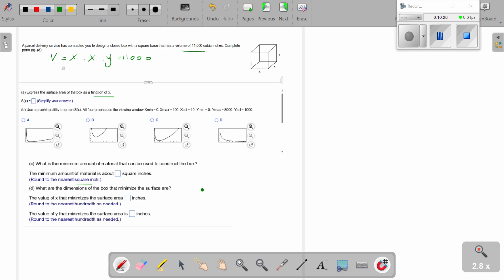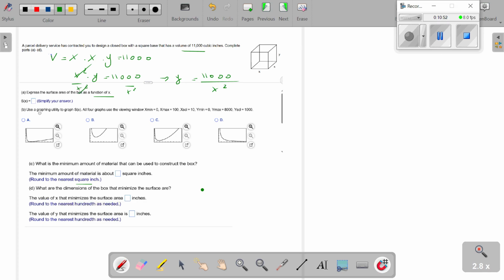So the first thing that I'm going to do is simplify this and get the y by itself. So divide both sides by x squared, these two cancel, and I'm going to have y equal to 11,000 over x squared. So far I have y with respect to x.